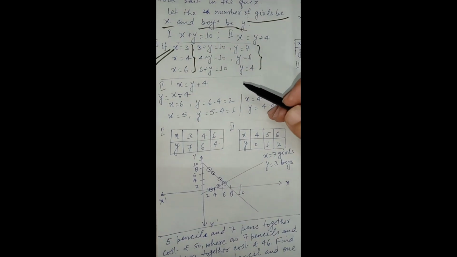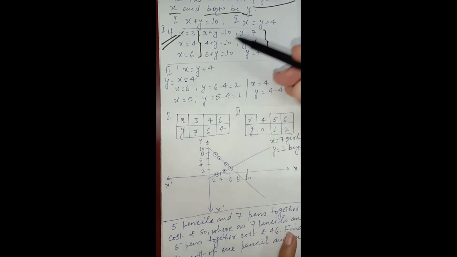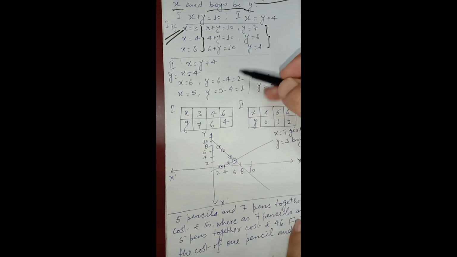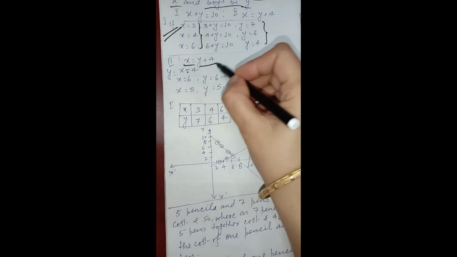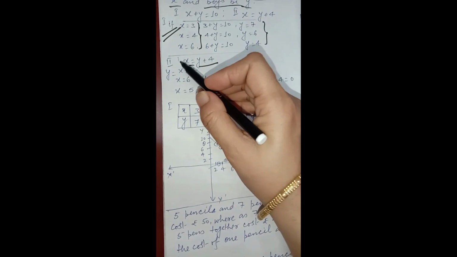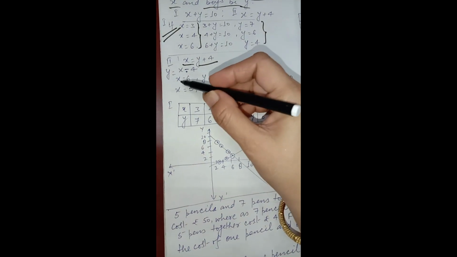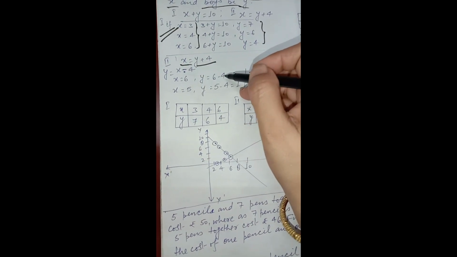Now second, x equals to y plus 4. So try to write the equation in terms of y. So we'll bring 4 to the left side, then the equation is y equals to x minus 4. Again we'll take different values of x and we'll get different values of y.